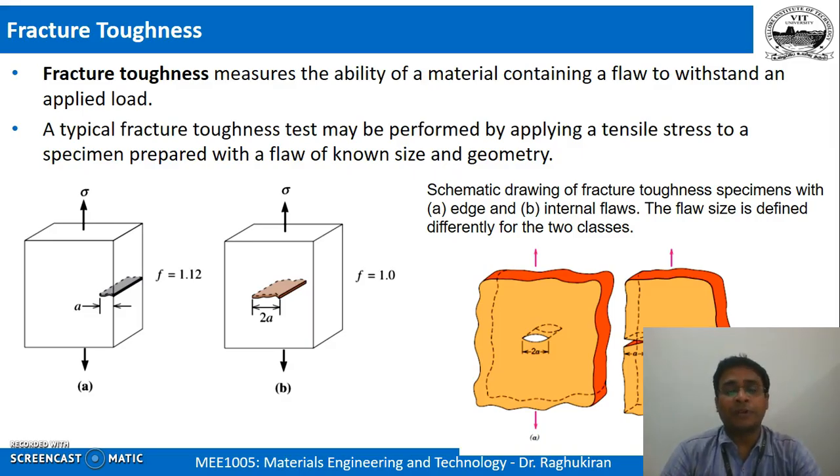Apart from this, all these are actually avoidable defects. What is not avoidable is the microstructural defects. For example, we already discussed in our earlier chapters, we have so many types of defects like point defects.